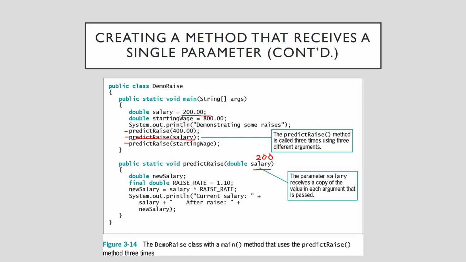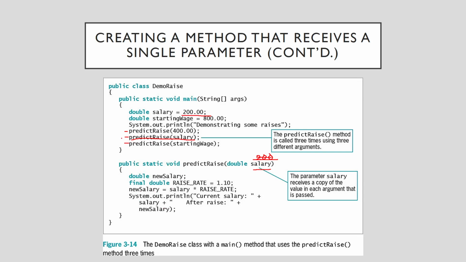In the first call, salary receives the first value, which is 400. So 400 is being used within this method definition, predict raise.